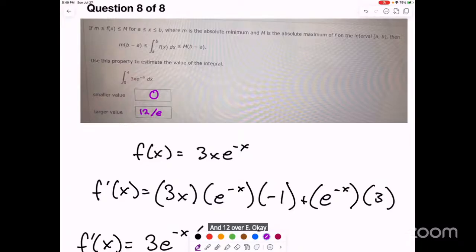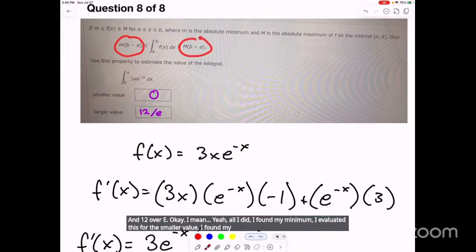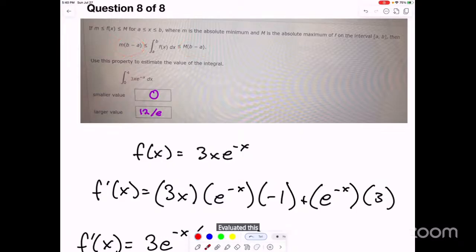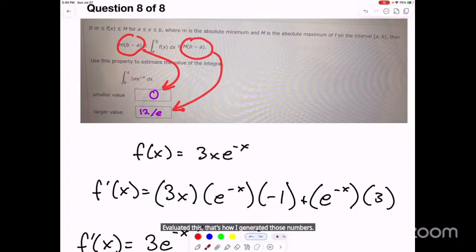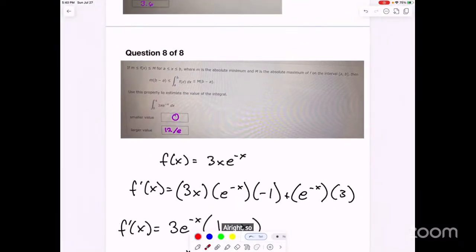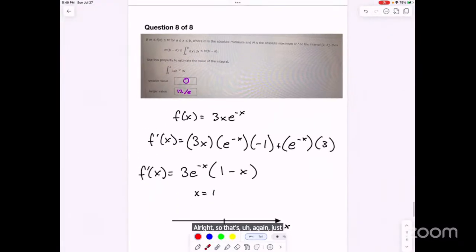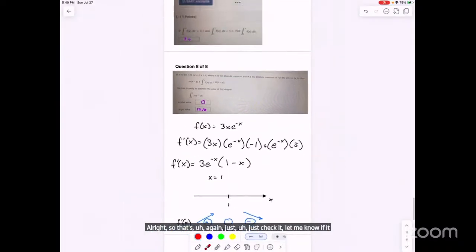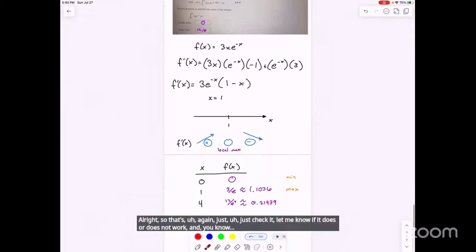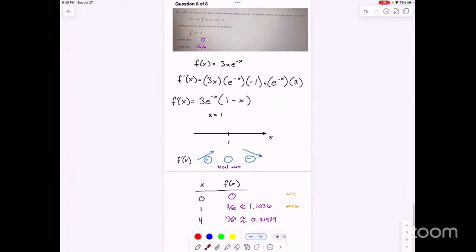Okay, all I did, I found my minimum, I evaluated this for the smaller value, I found my max, evaluated this, that's how I generated those numbers. All right, so again, just check it, let me know if it does or does not work, and we'll work it out if it doesn't work.